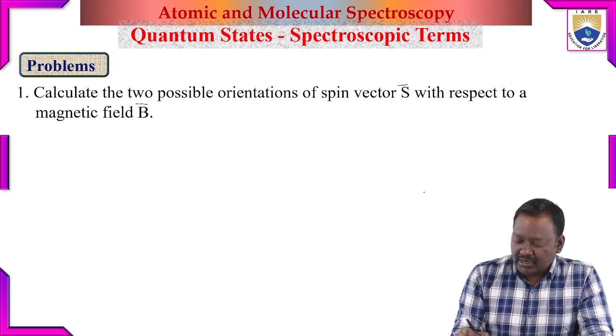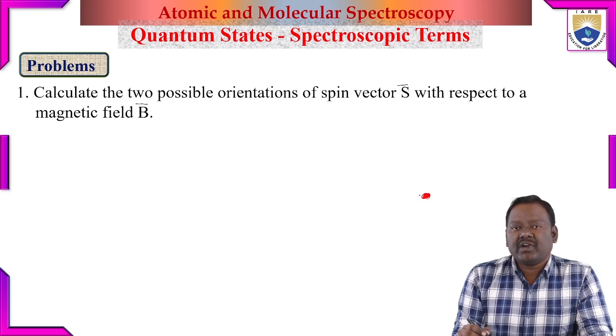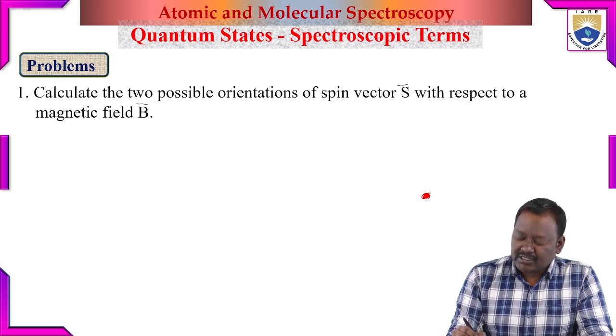In general, if there is a nucleus, the electron revolves around the nucleus in a certain orbit. We represent the electron spin angular momentum with the vector S bar.